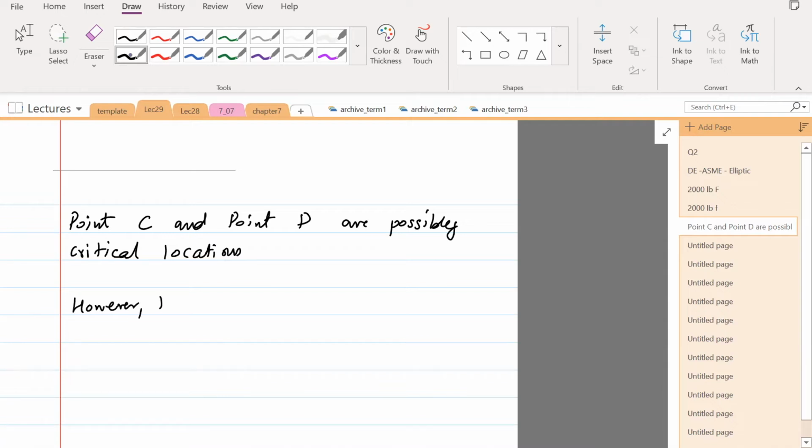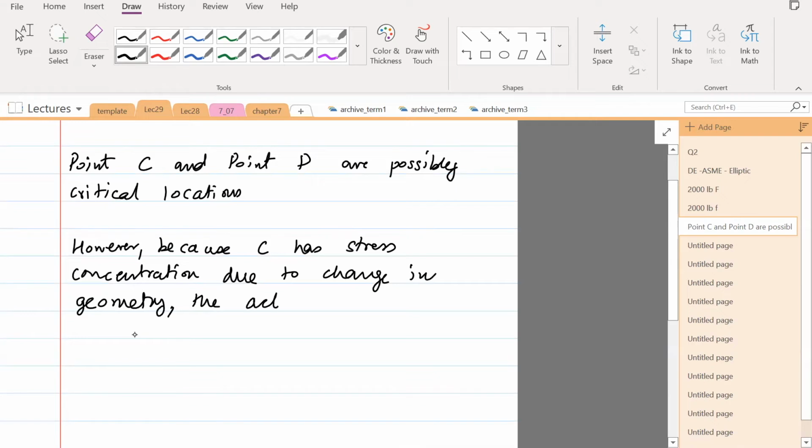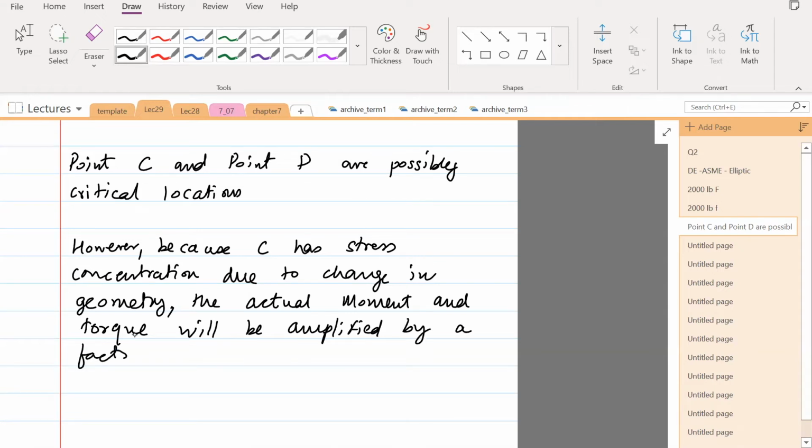However, because C has stress concentration due to change in geometry, the actual moment and torque will be amplified by a factor Kf for moment and Kfs for torque, respectively.